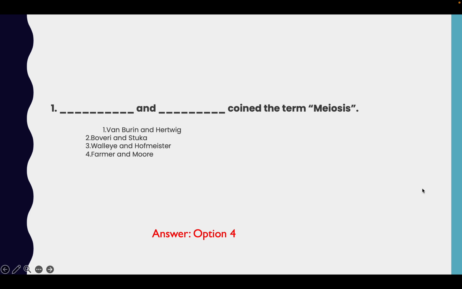So, this is Farmer and Murray. These people coined the term meiosis.